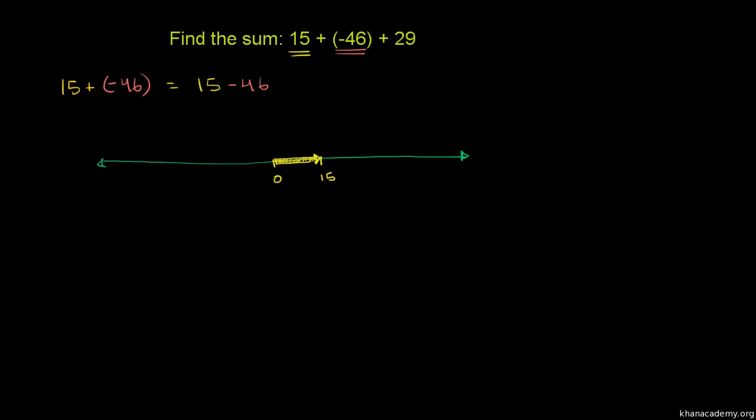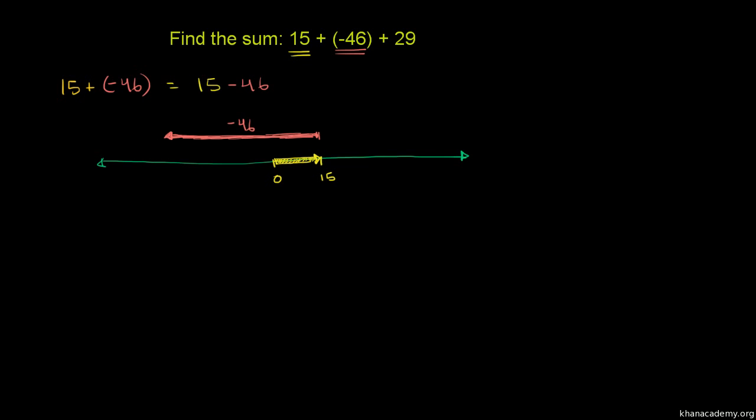So we're starting at 15, and we are going to move 46 to the left. The length of this arrow is going to be 46, and we're moving to the left. This is the negative 46 that we're adding to the 15.